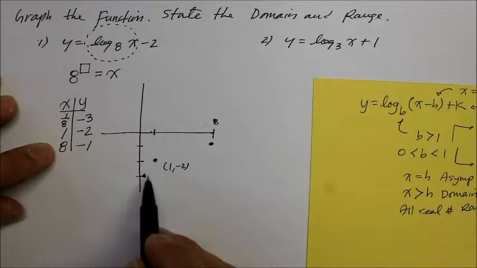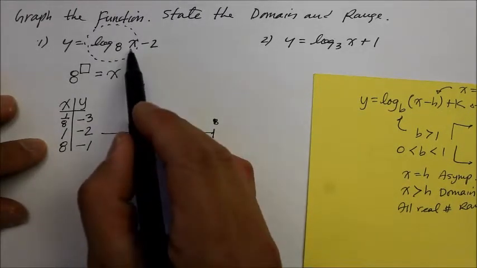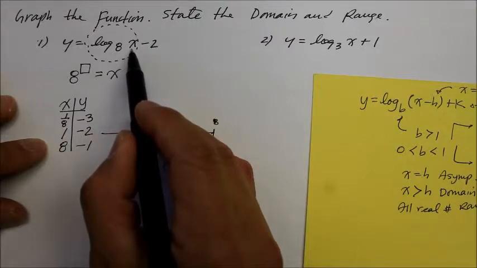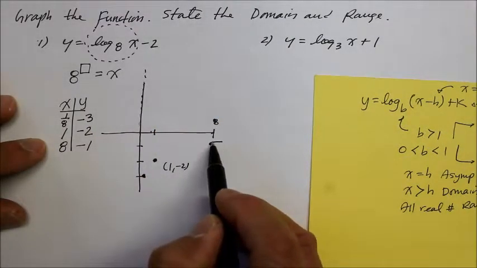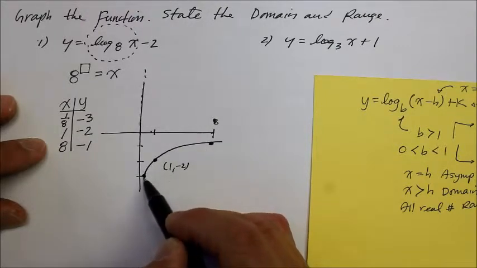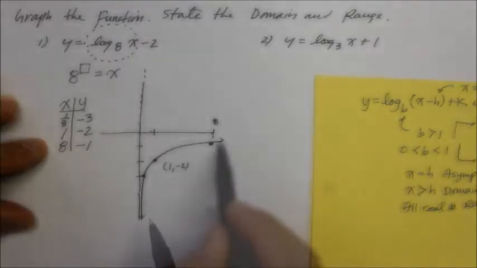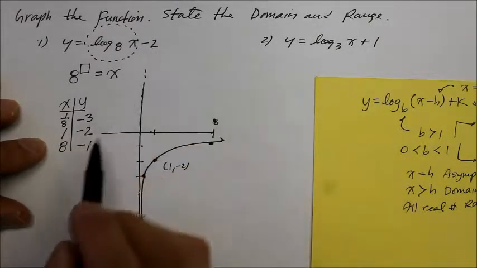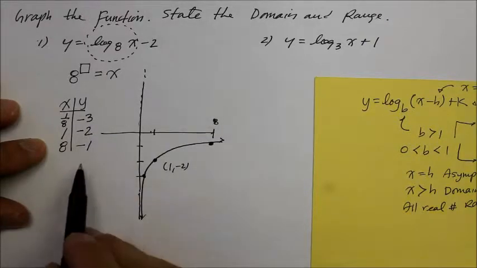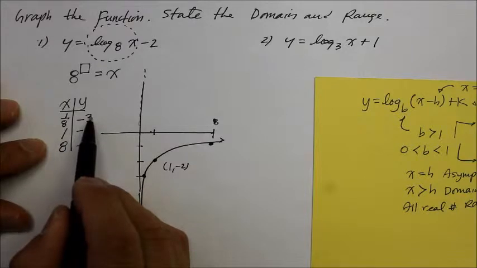Way over here. And that seems to coincide with the fact that the asymptote is at 0, right there along the y-axis, so the graph will look something like this. If you did not have the minus 2 over here, then this would be 0, this would be 1, and this would be negative 1.